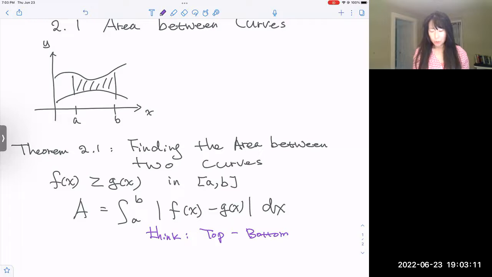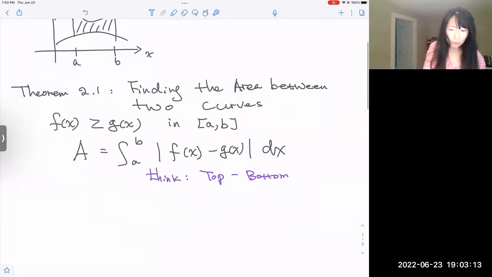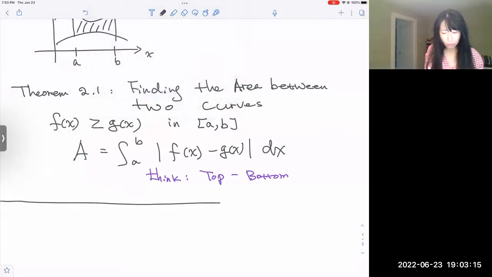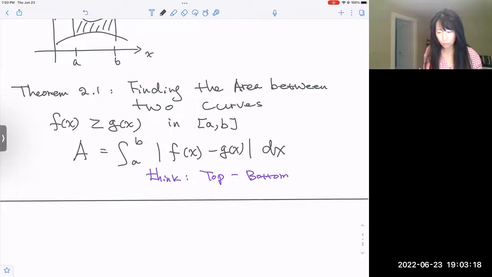let us do this problem. We have a function.